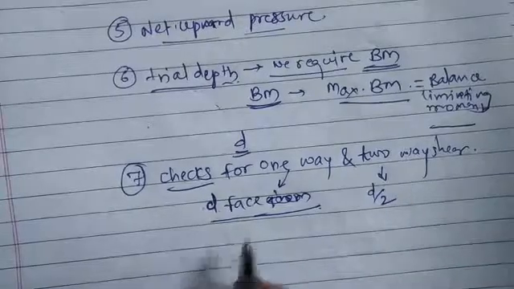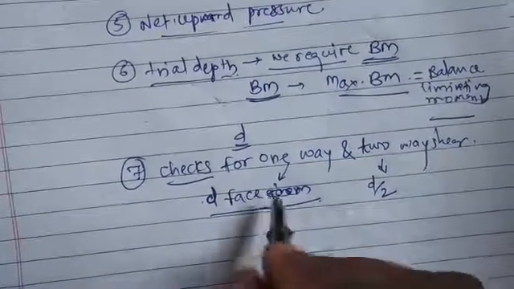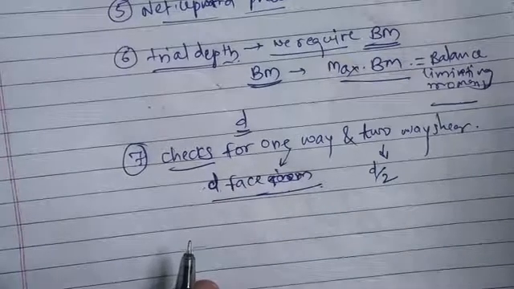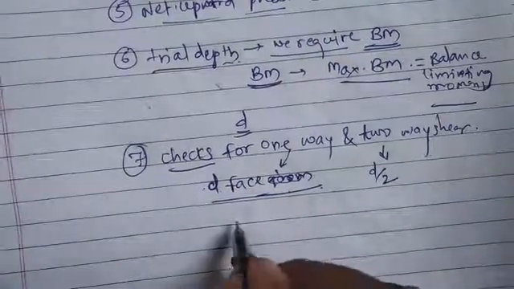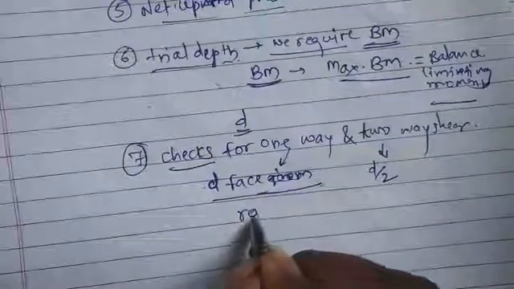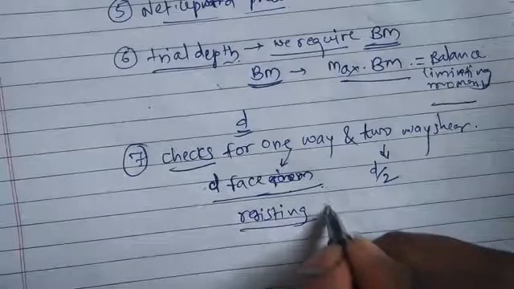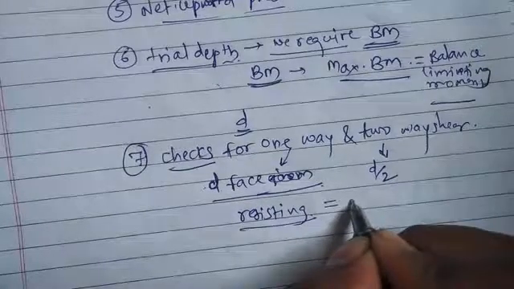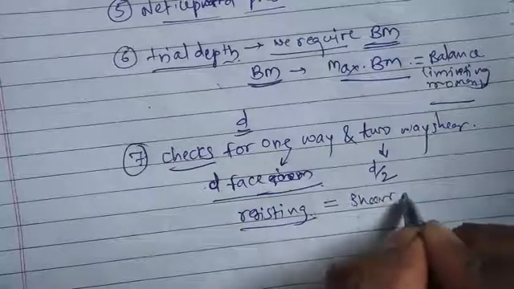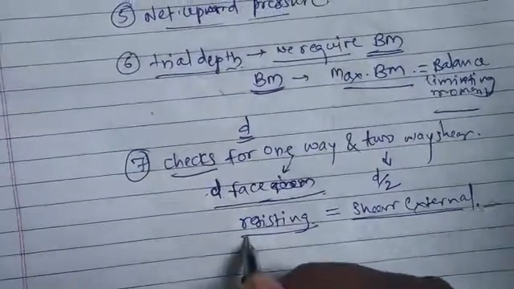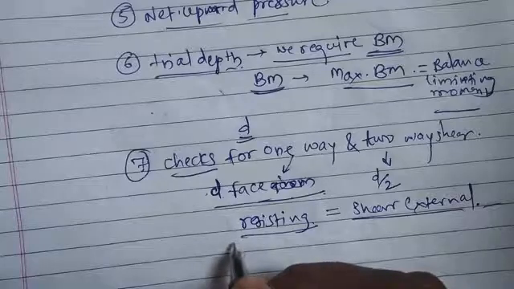So we have to take the check for the shear. If the resisting shear in the footing is equal to or greater than the shear stress coming due to external loading, then there is no need to provide any extra reinforcement for shear.